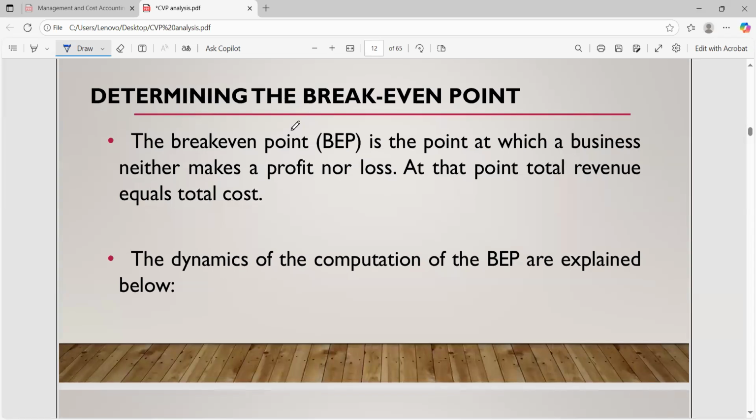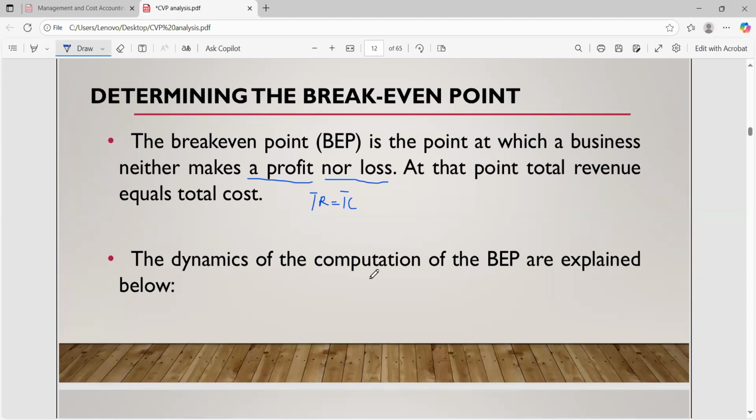determining the break-even point. The break-even point is the point at which a business neither makes a profit nor a loss. At that point, total revenue equals total cost, and that is what I proved in the initial discussion.